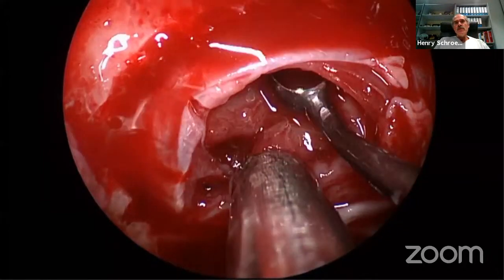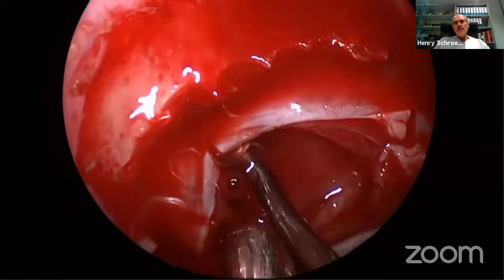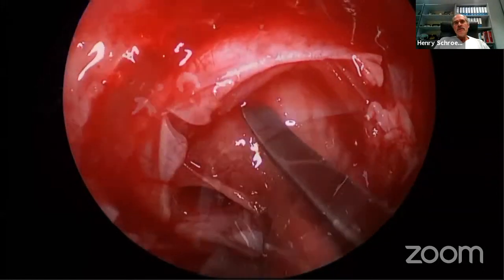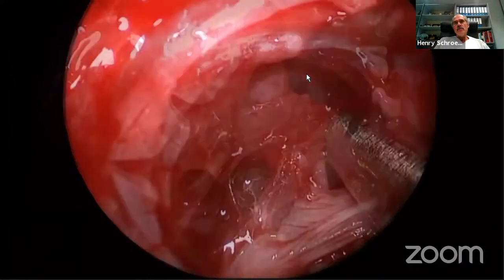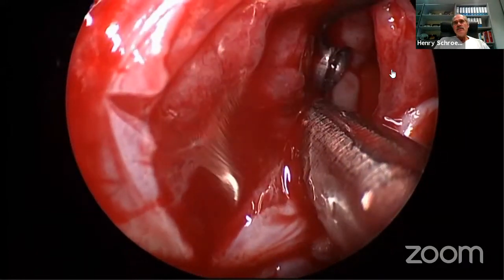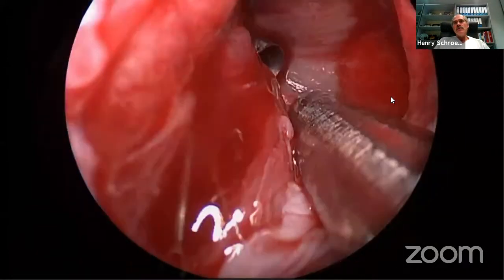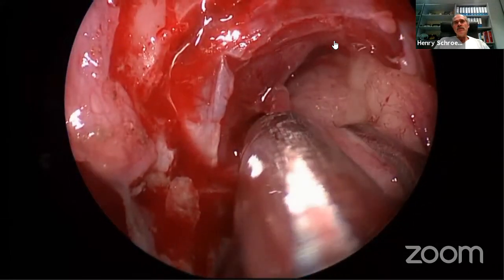You see here we have a very nice pseudocapsule where we can go around. So this is typically the tumor, and this is our gland. And you see there's a nice border between the normal gland and the grayish tumor.